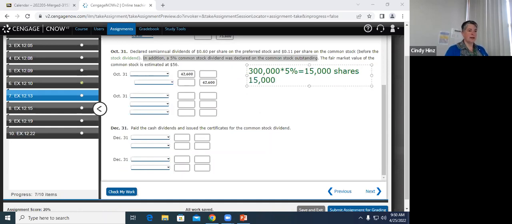Because it's a small stock dividend, less than 25%, we can use the fair market value. The market value of those shares at the time the dividend was declared was $56. I don't know why it says it's estimated to be $56. If there's a liquid market for these shares, they should be able to just look that up. So $56 per share.